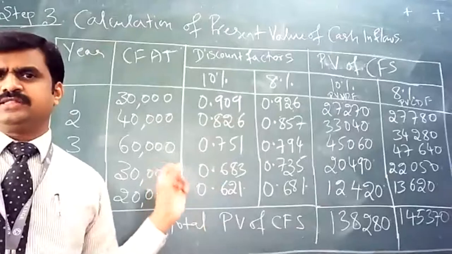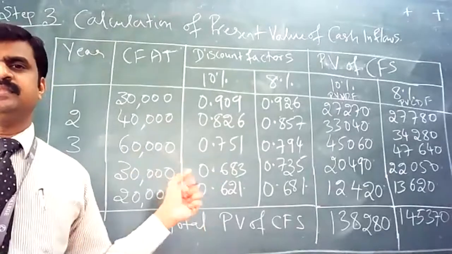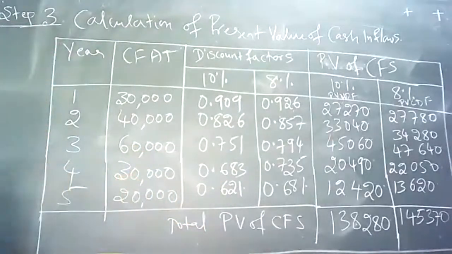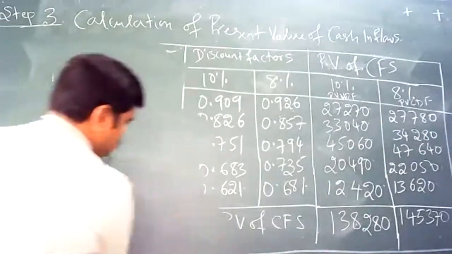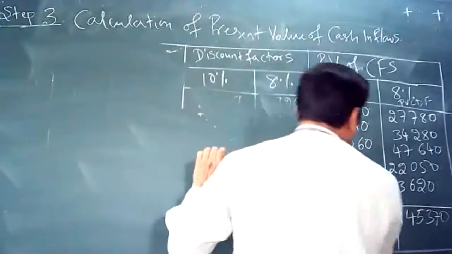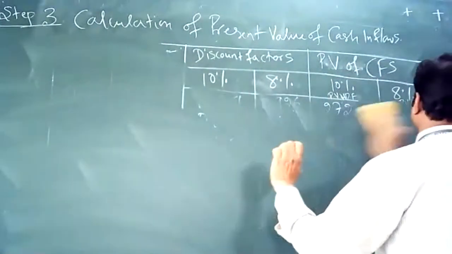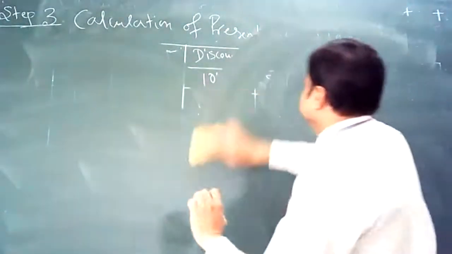Hope you understood. Please confirm. Yes, sir. Where we are going to use the interpolation formula and calculate IRR, internal rate of return. That will be our last step, step number 4.